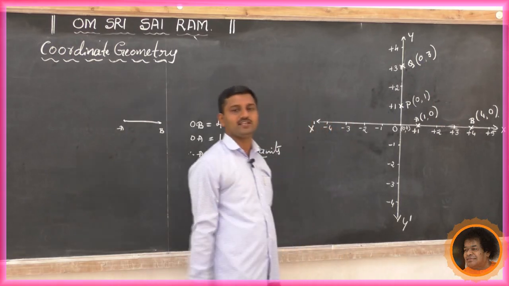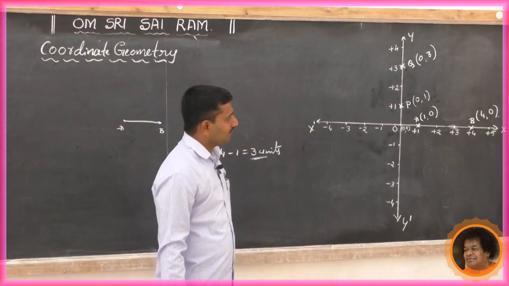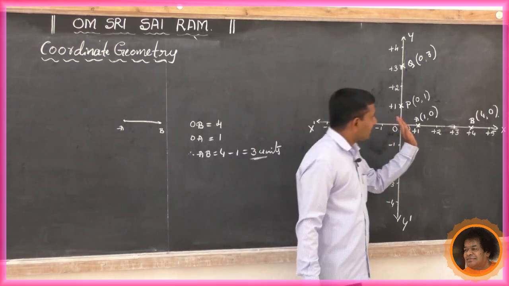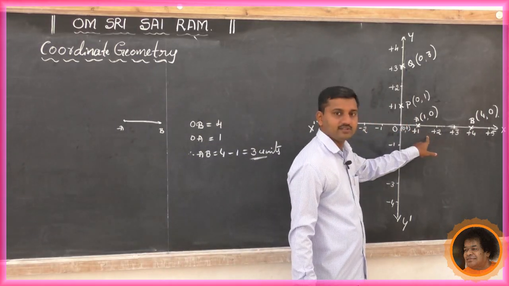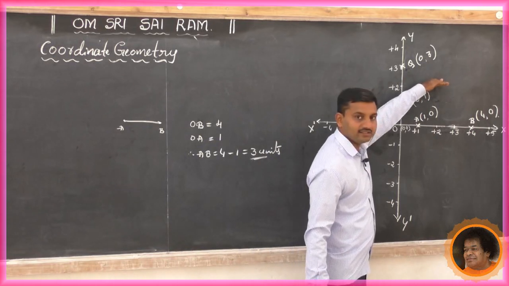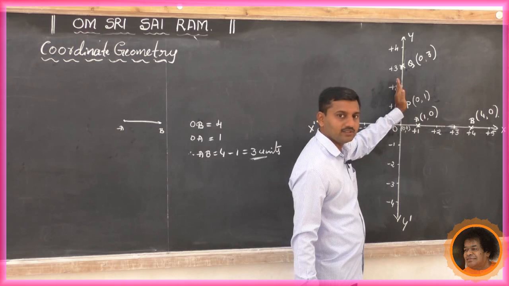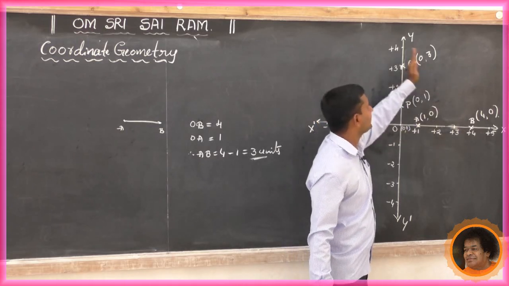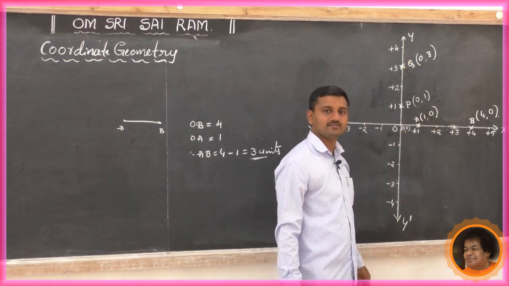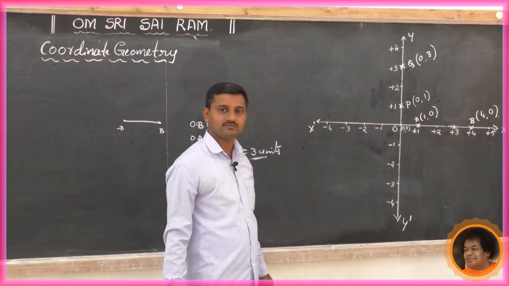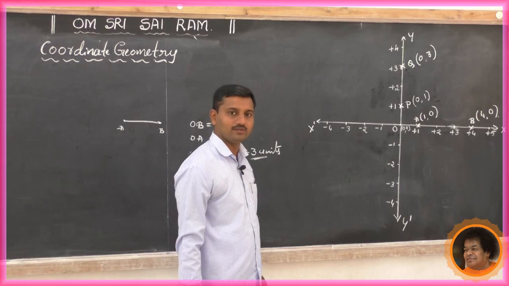But my question is: is it possible to find the distance between any two points that neither lie on the x-axis or y-axis, nor are parallel to them? Yes, it can be possible. How?